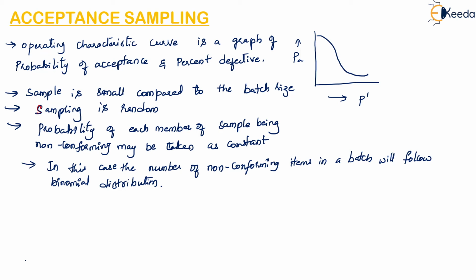The next important topic is acceptance sampling by variables. Acceptance sampling can be carried out by measuring a variable rather than classifying an item as conforming or non-conforming. So here in acceptance sampling by variables, we will not classify the items as conforming or non-conforming.